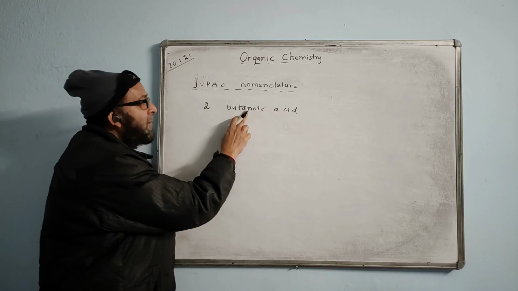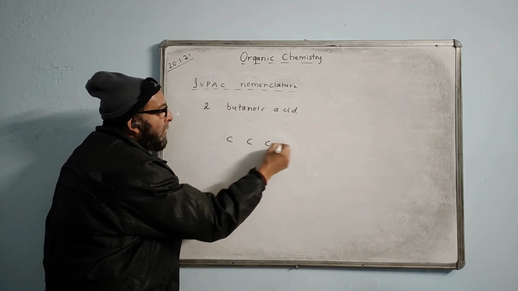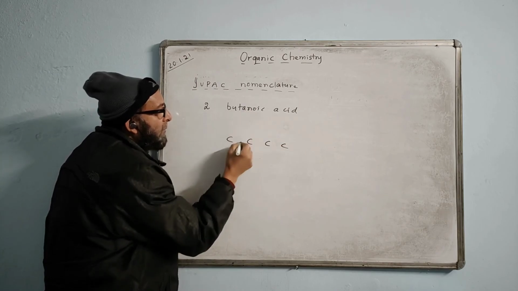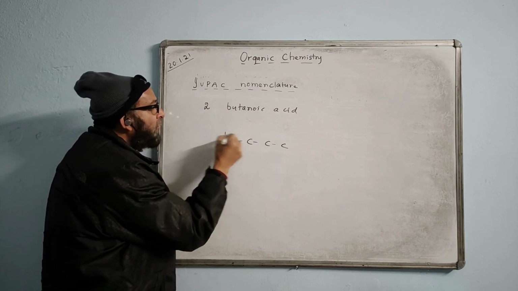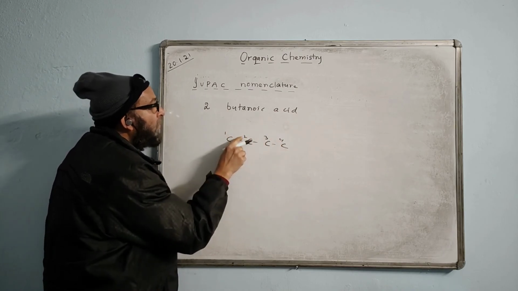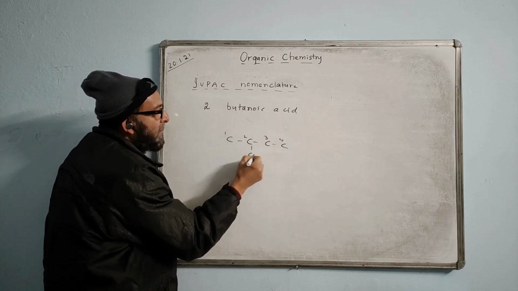How? Butane will have 4 carbons. I write here 1, 2, 3, 4, with single bonds because butane is there. Now give the number from any side. Note this now: 1, 2, 3, 4. Number 2 must keep oic acid, so we will be writing COOH.